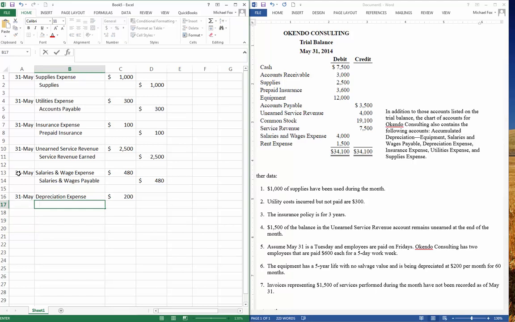All right, and accumulated depreciation is our credit. Remember, depreciation expense is an expense account, increases on the debit side. Accumulated depreciation is a special account called a contra asset account that offsets the value of the asset equipment.